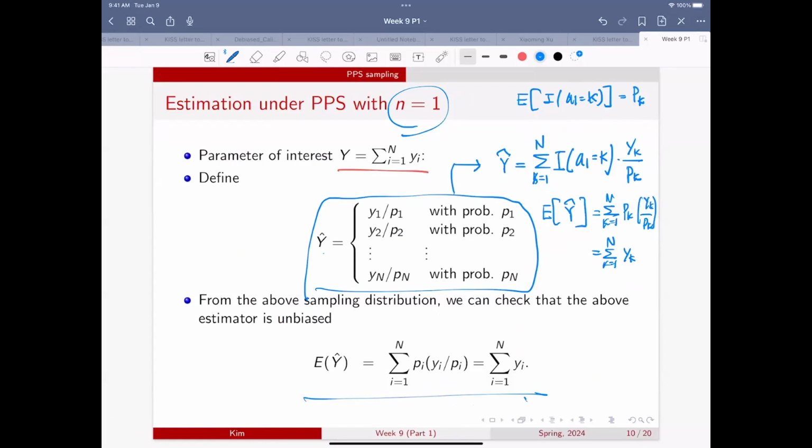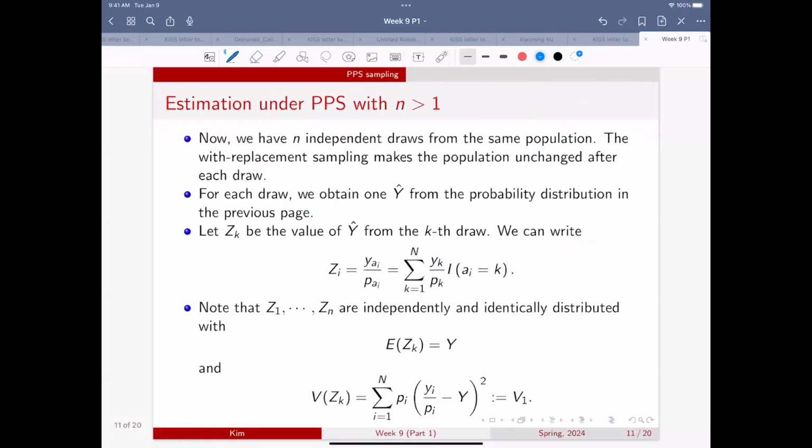Now we want to apply to n greater than 1, right? So for n greater than 1, good news is that we actually have an independent draw. So that means we can actually apply IID type result. So the with-replacement sampling makes the population unchanged after each draw.